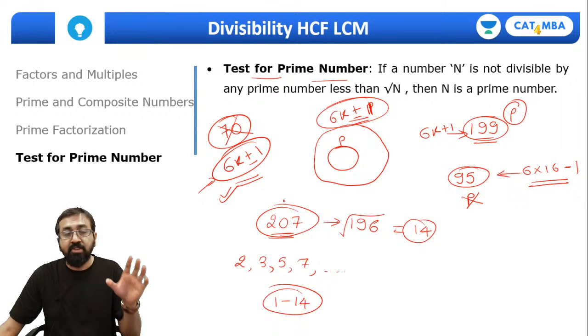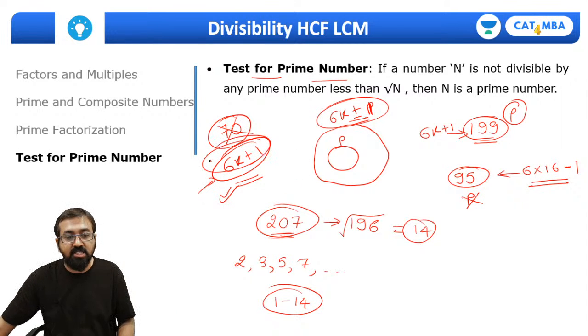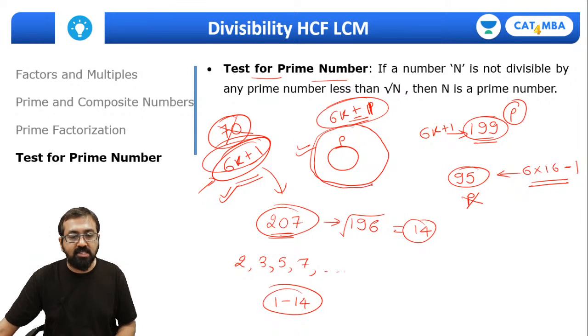But please remember, if a number satisfies this condition, it doesn't mean it's a prime number. That's just a preliminary test. Once you have understood it can be a prime number, then you can apply this test to check whether it's prime or not. So please remember this point. I have represented that with a set. All the numbers of the form 6k plus or minus 1 form a superset and prime numbers are a subset of that. So remember this point.